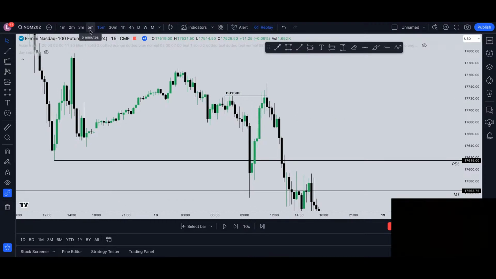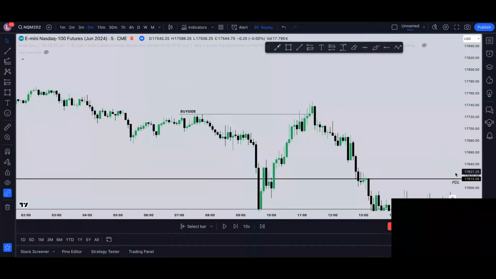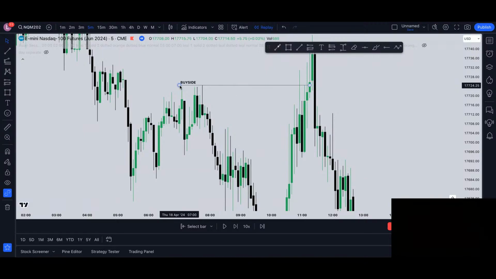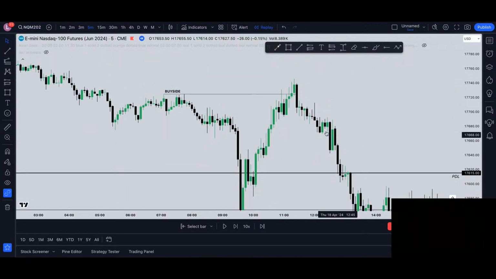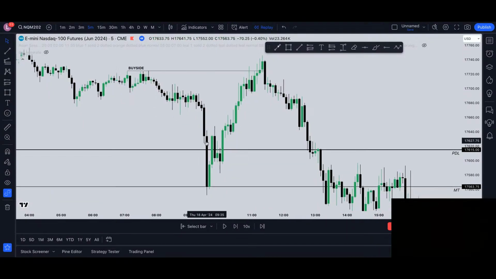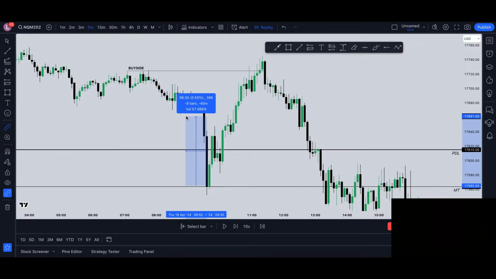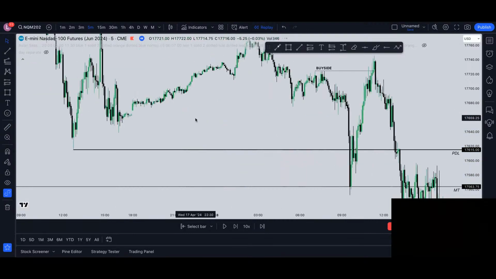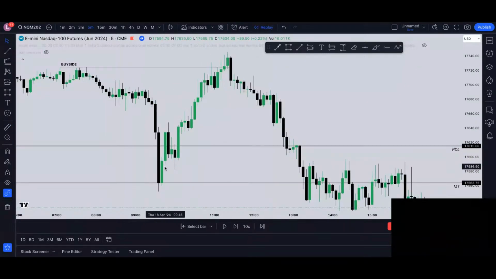Let's go on 5-minute time frame. 9:30 opening, a huge drop, freaking 65 handle drop, almost 100 handle drop from there. Price reversed.